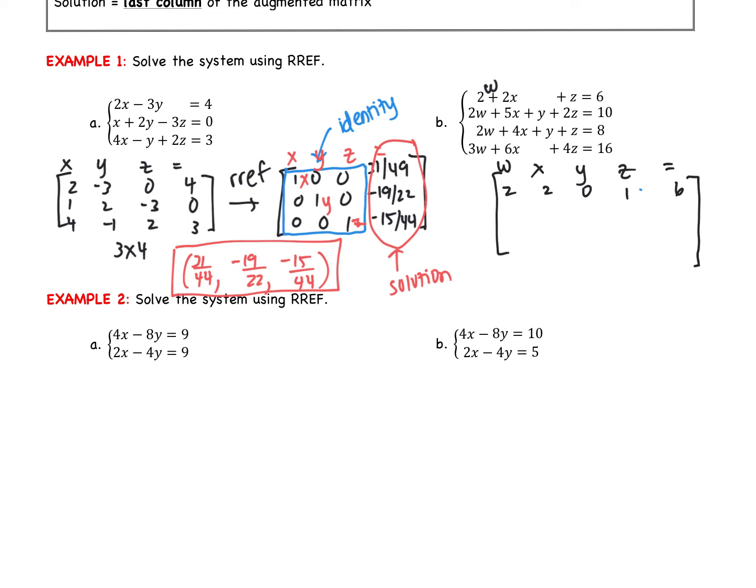And then, next one, 2W, 5X, 1Y, 2Z equals 10. 2W, 4X, 1Y, 1Z equals 8. And lastly, 3W, 6X, 0Y, 4Z equals 16.